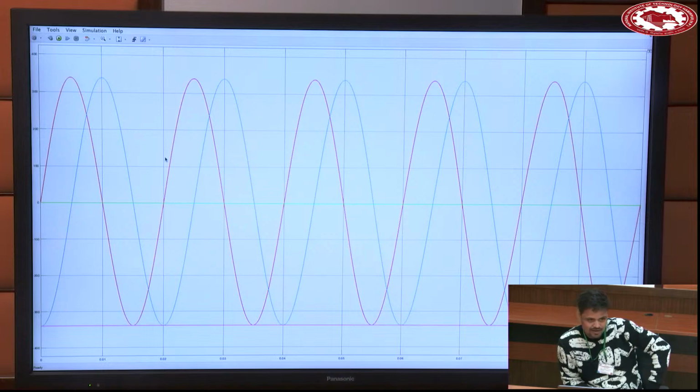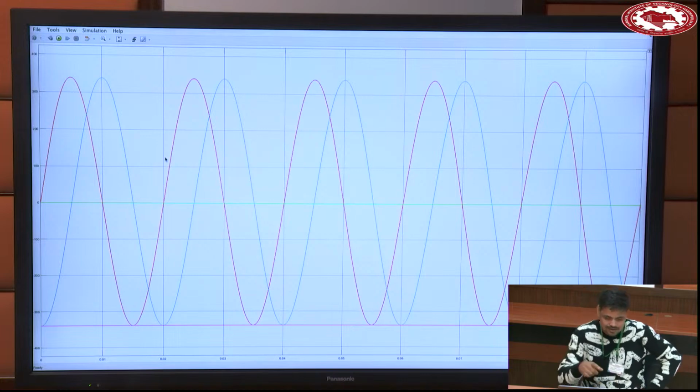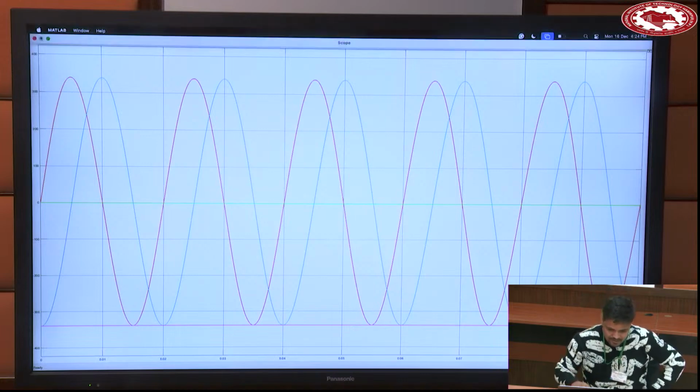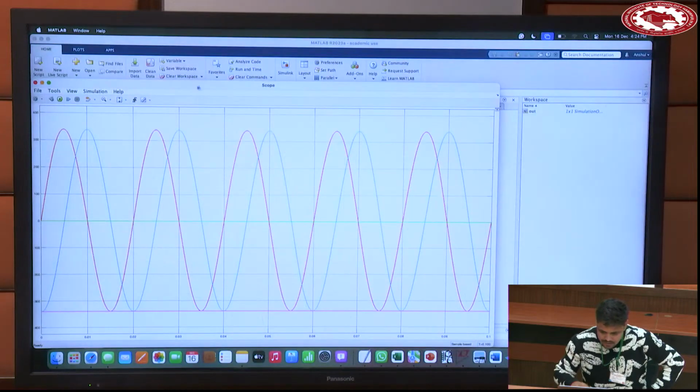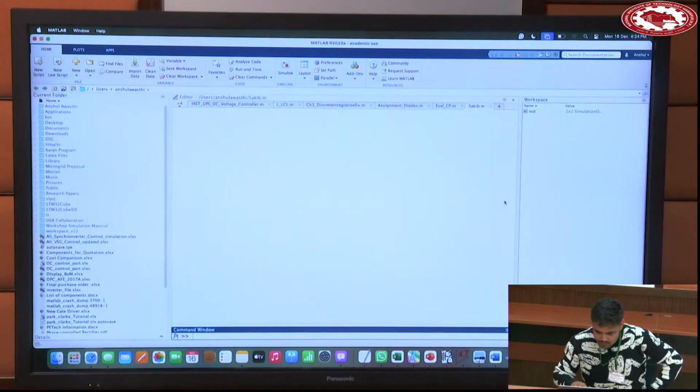Can you see the pink line? And the light green one. So light green is VD and this pink is VQ. This is alpha beta, not making any difference.